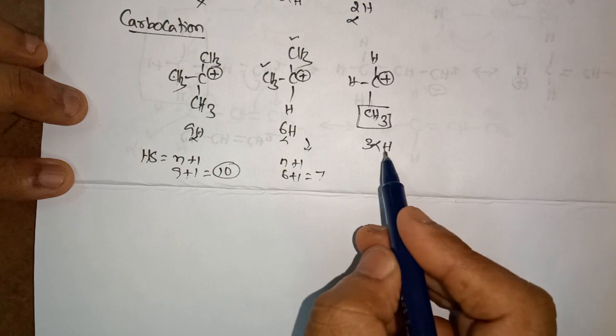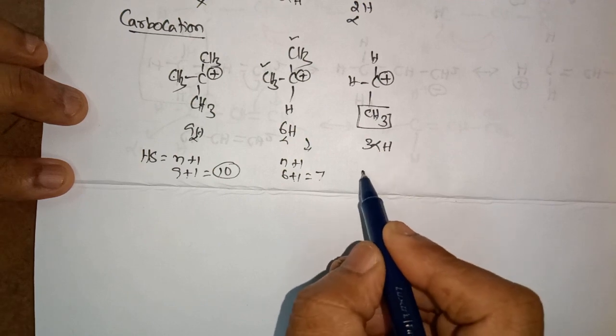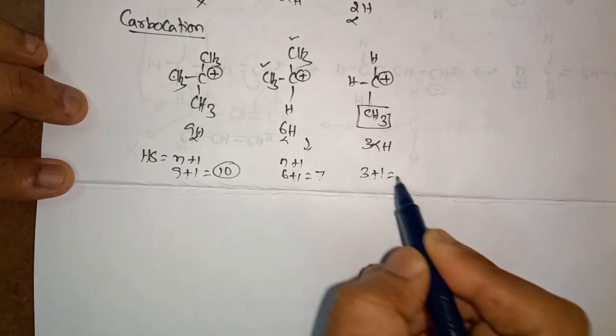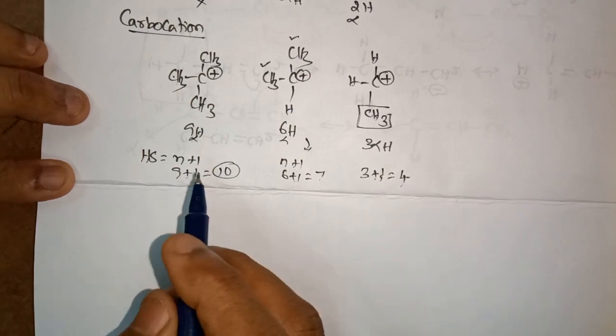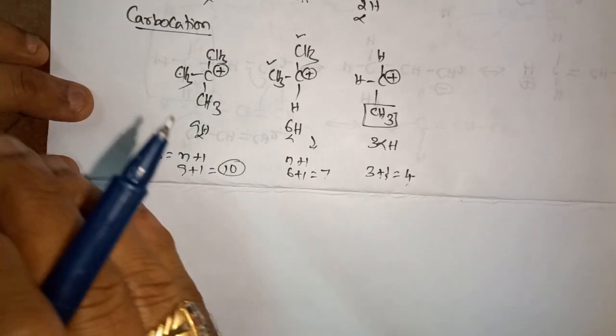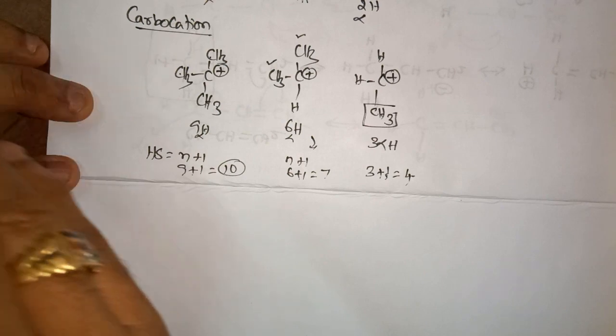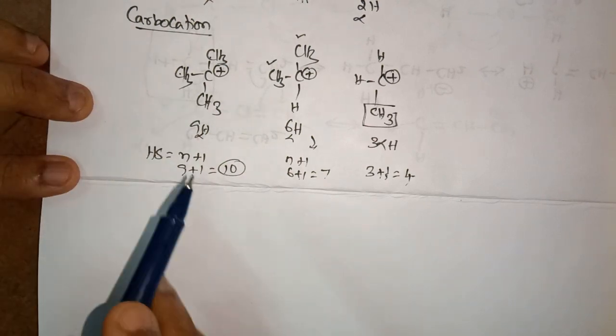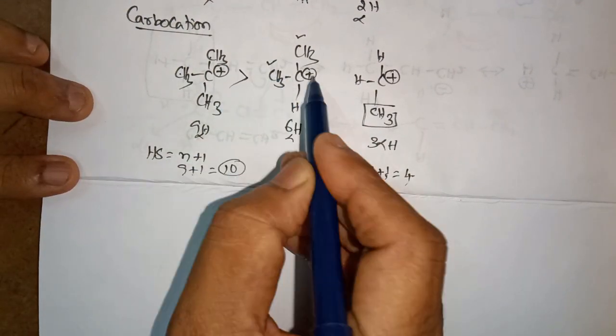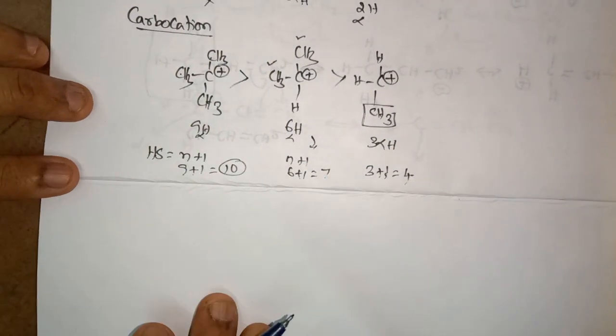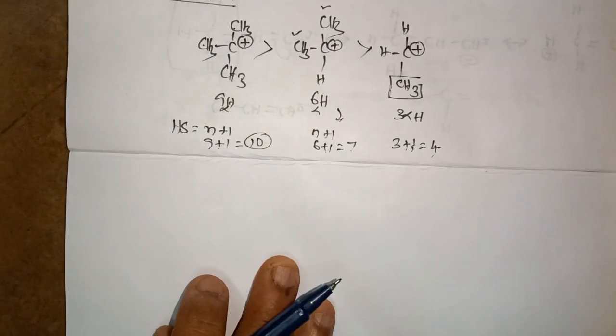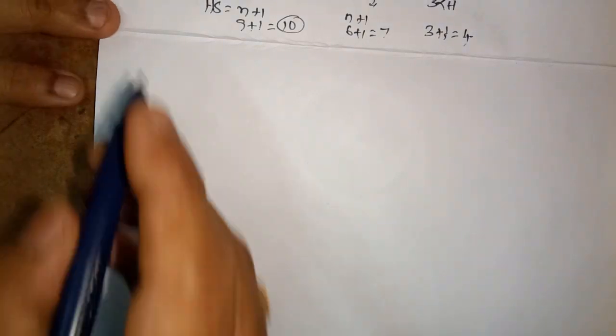Here n is 3, so 3 plus 1 equals 4. As the number of hyperconjugative structures increases, the stability increases. So this one is more stable than this one. That is regarding carbocations. Then you come to free radicals.